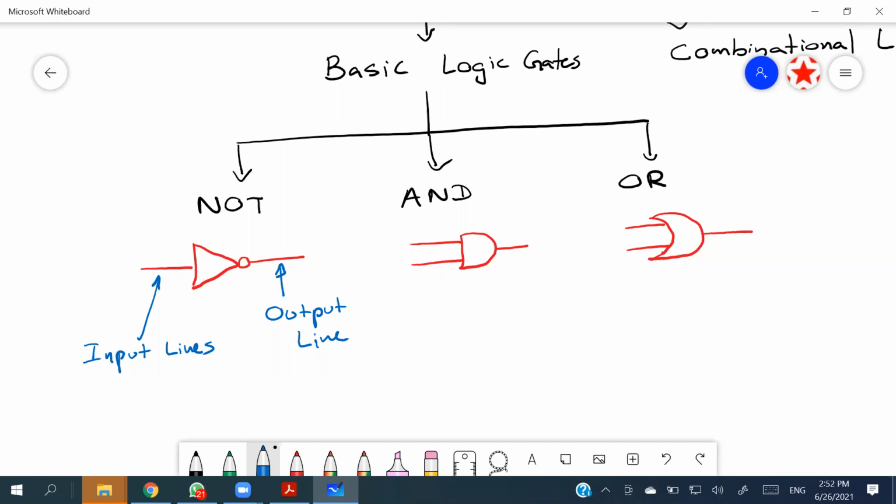To indicate the operation of a particular gate, we use some symbols and operators. These operators are called Boolean operators. I'll tell you why they are called Boolean operators very soon, because this logic gate section is discussed under Boolean logic. Boolean logic means none other than being true and being false.